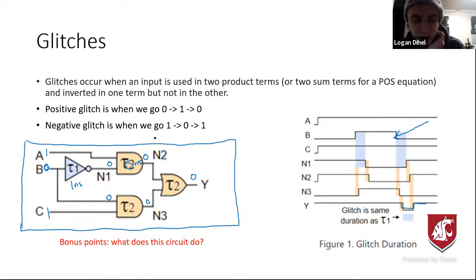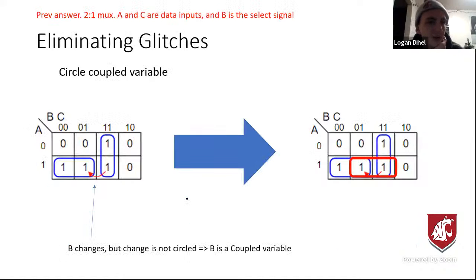This is a 2-to-1 mux right here. So that's just a little thing to note that might help you on the exam or not. Because you can see B is a select signal, and then depending on what B is, it depends if A gets propagated through or C goes through.